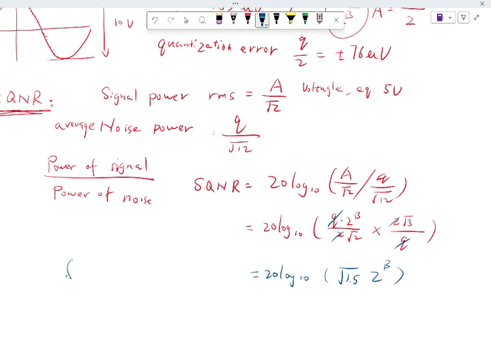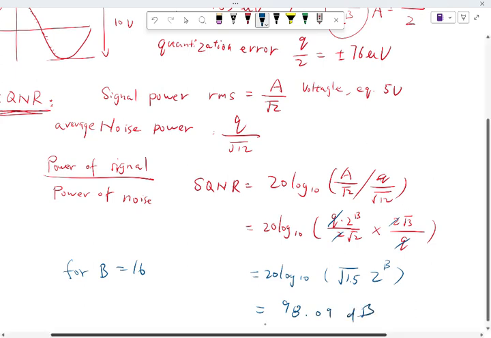For our case, b equals 16, then we get the result equal to 98.09 dB.